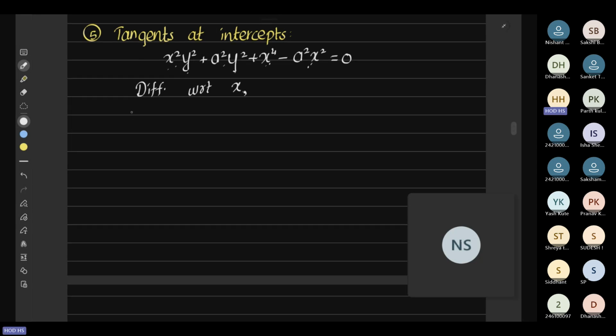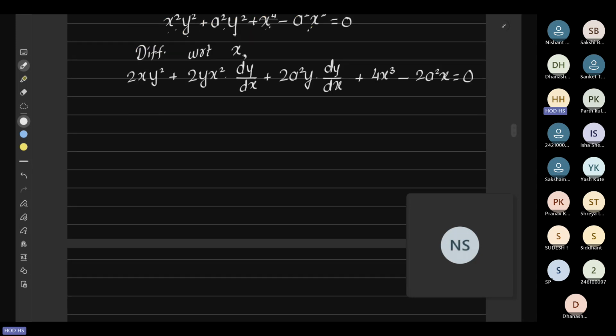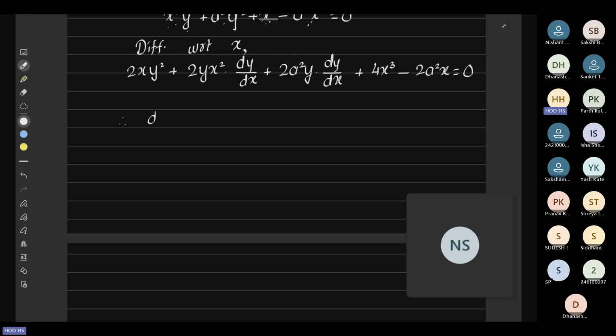So if I differentiate the first quantity, I have 2xy² plus 2yx² into dy/dx plus 2a²y into again dy/dx plus 4x³ minus 2a²x is equal to 0. So all the terms which have dy/dx as coefficient, I will just club them in one bracket.